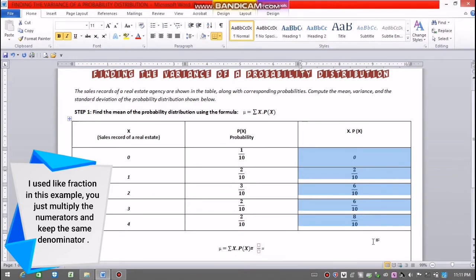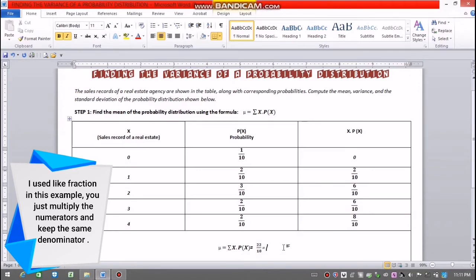So 0 plus 2 over 10 plus 6 over 10 plus 6 over 10 plus 8 over 10 is equivalent to 22 over 10. If we convert it into decimal, it will be 2.2. So the value of our mean is 2.2.